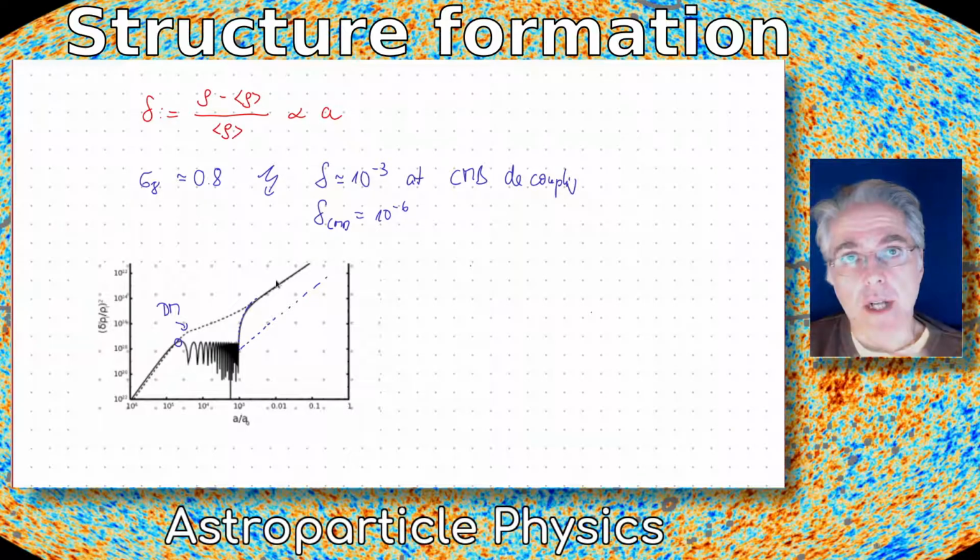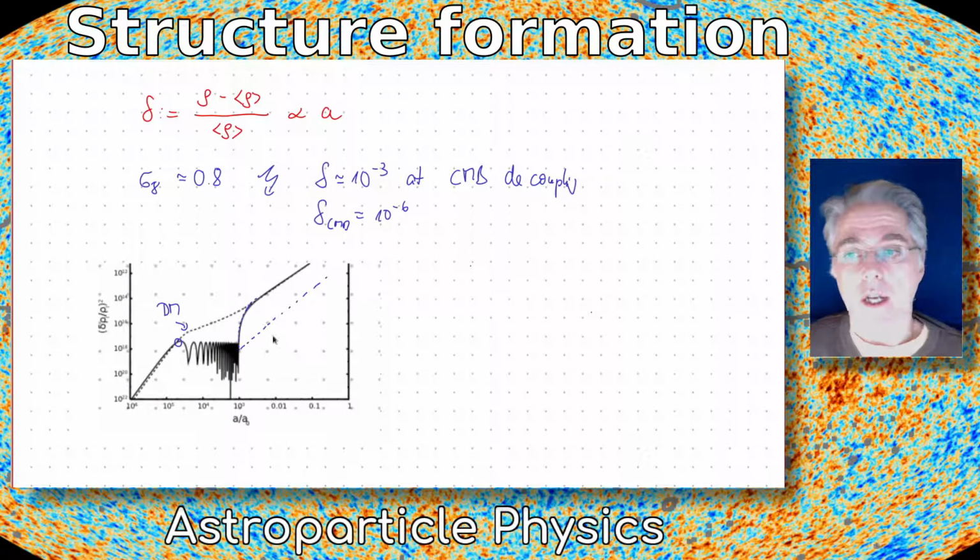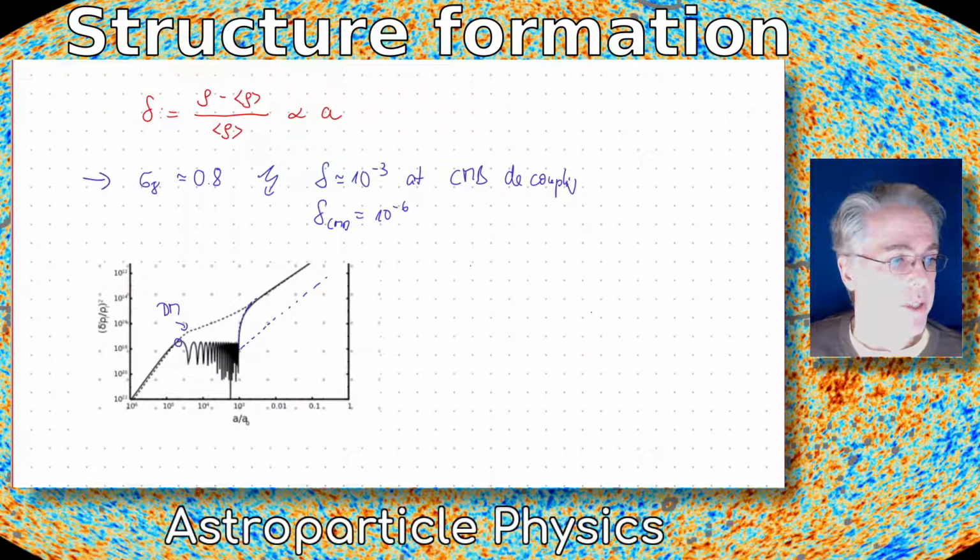And that leads to this enhancement, the boosting, let's call it, between the actual expectation when you take the CMB oscillation values and comparing that with the measured values today. And that's required. So we see that there must be some additional dark matter around. And so this is really a prime argument that you should take away from this.